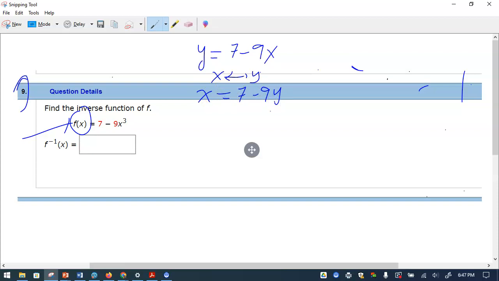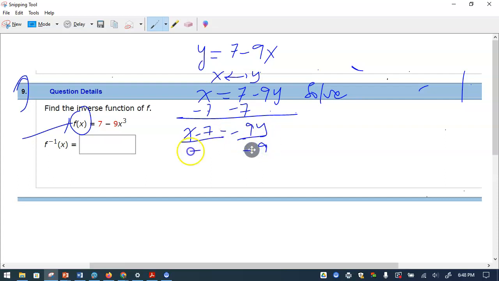And then you solve for y now. So how do we solve for y? Subtract 7 from both sides. This will be x minus 7 equals minus 9y, and then divide by minus 9. So this goes away and you get y equals x minus 7 over minus 9.